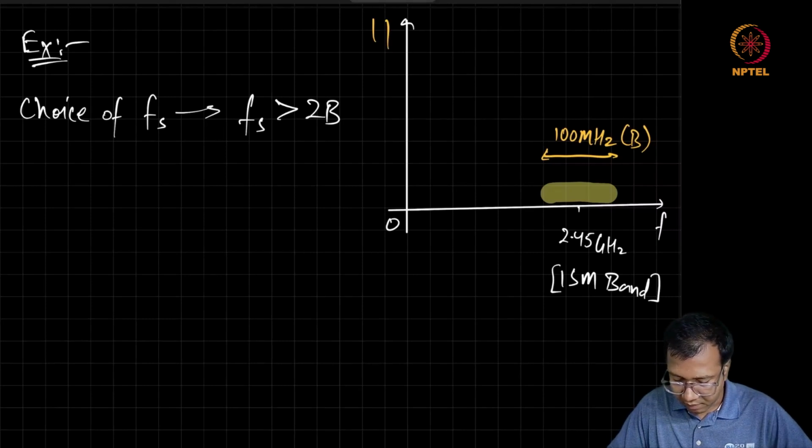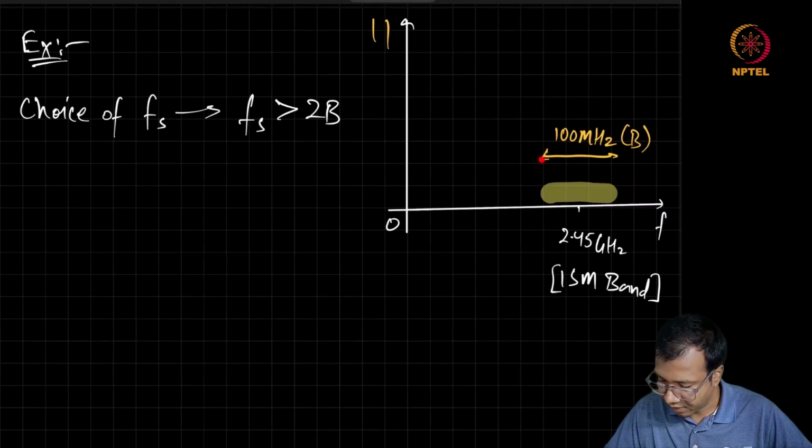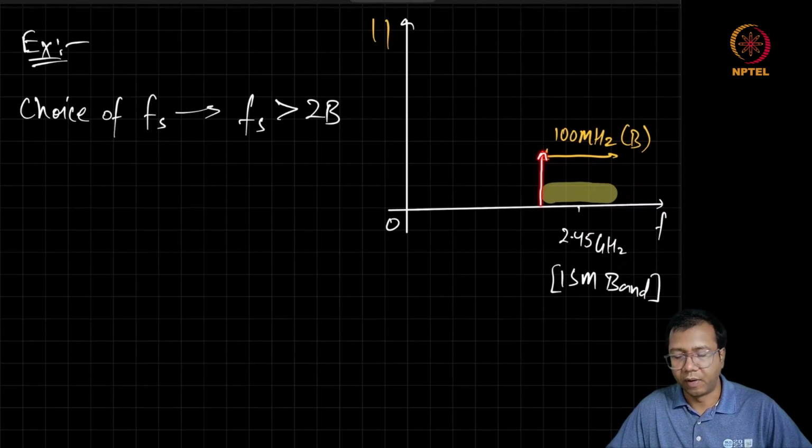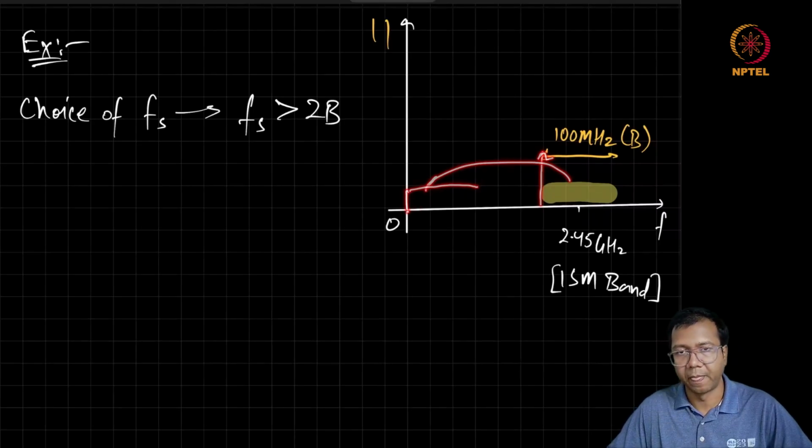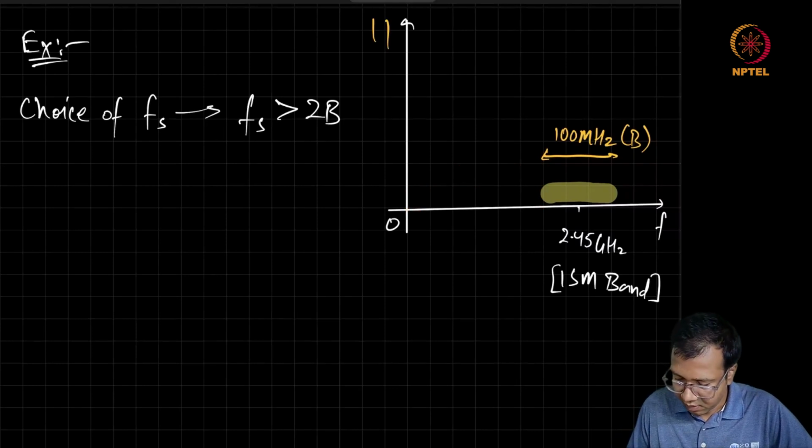Secondly, we can plan to choose Fs in such a way that one of the harmonics in the frequency domain of P of t aligns with the lower side edge of the desired signal. Because if that happens, then we get a replica which is also aligned with DC. So this is the first criterion.